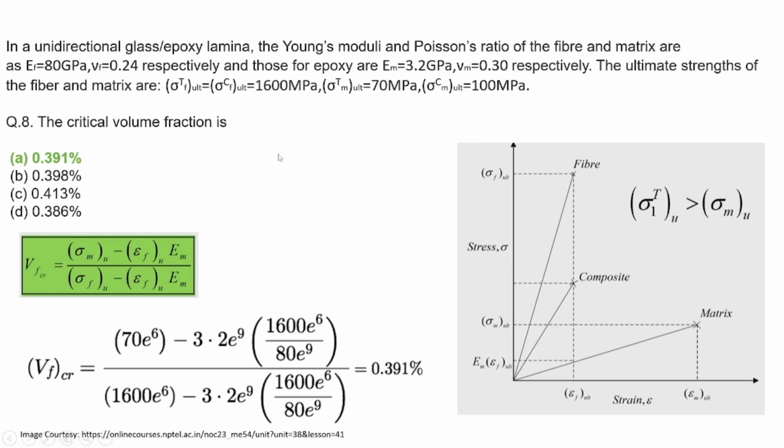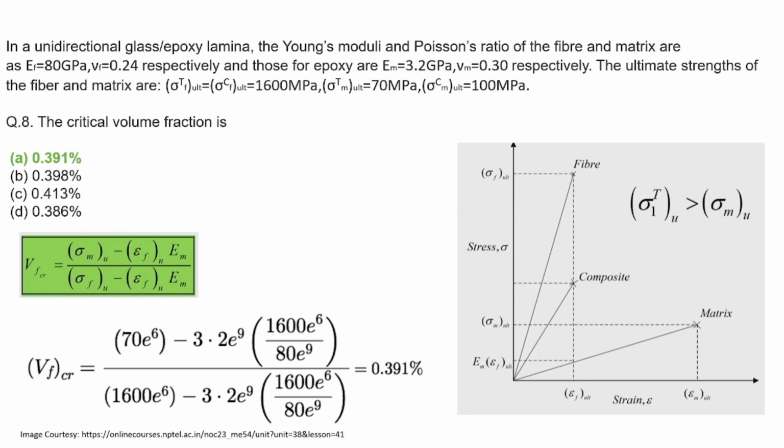Now critical volume fraction is when, in any composite formed of a matrix and the fiber, we consider the failure of the composite to be when the fiber breaks. But there is a certain number of fibers that is required to be put in the matrix, only then its strength will be useful, and that is called the critical volume fraction.